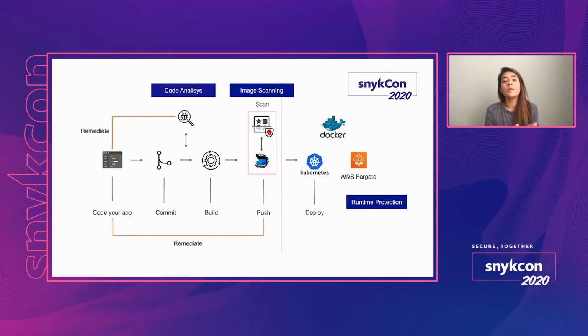But now he's moving this Kubernetes cluster into AWS Fargate, which is a Kubernetes managed service, or it could be, I don't know, any managed service. And now how can he use the same capabilities that he had before in this new environment?